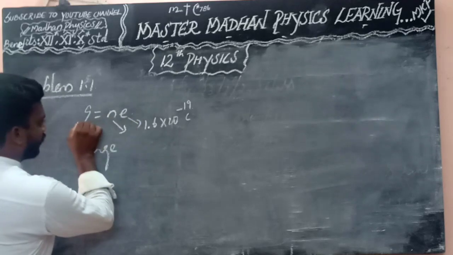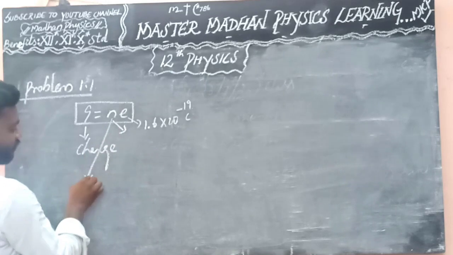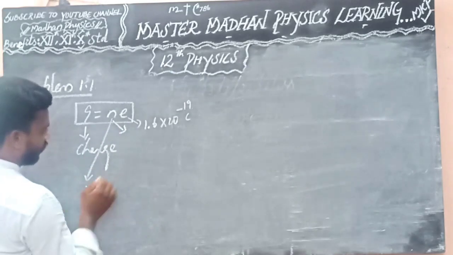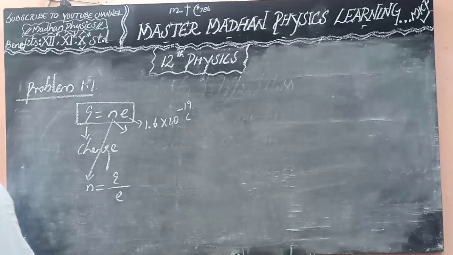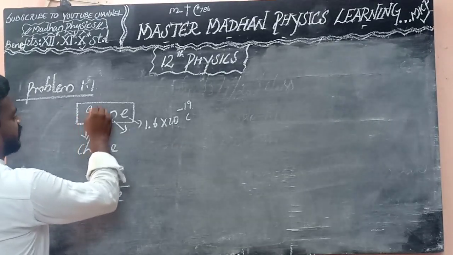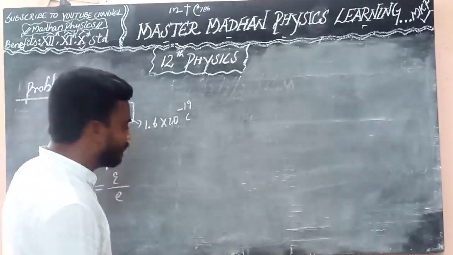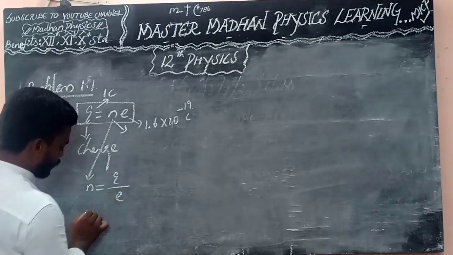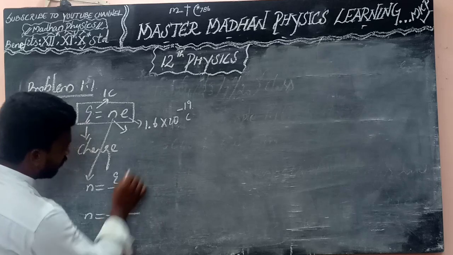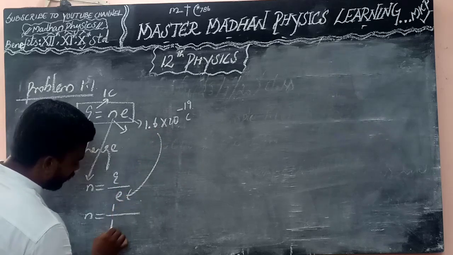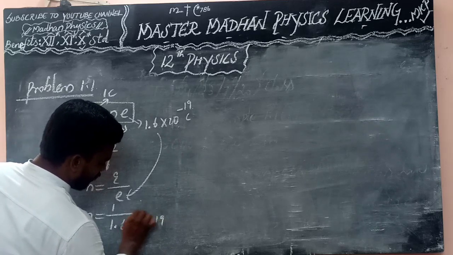So from this equation we derive N equal to Q by E. They have already given 1 coulomb of charge, that is Q, in the textbook. So N is equal to 1 by the value of E, 1.6 into 10 power minus 19.